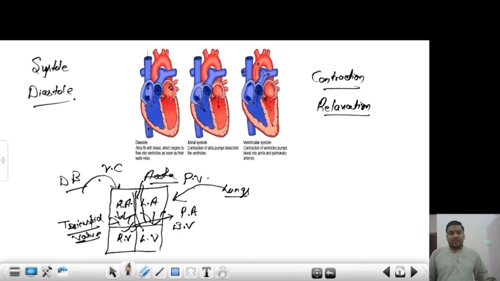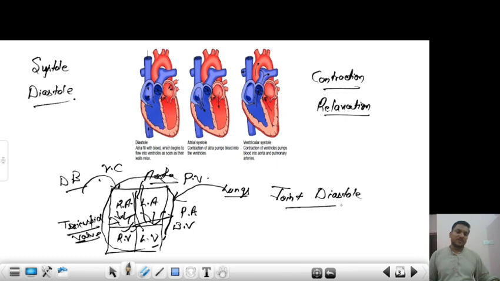When a cardiac cycle starts, all the four chambers of the heart are in a joint diastole condition, in which all the four chambers are relaxed.